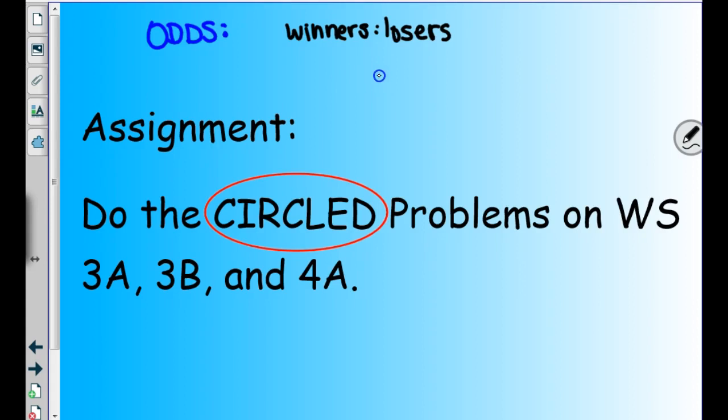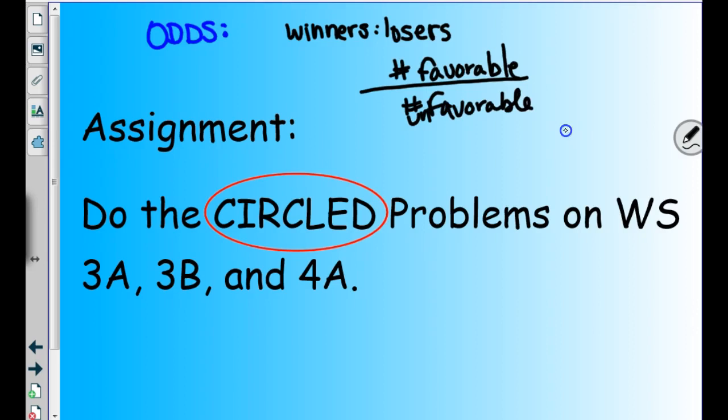Its actual definition is number of favorable to number of unfavorable. Just give up, Hofbauer. I always write them with a colon because my brain needs to be thinking differently between odds and probability. So it just helps me if I write fractions for probability and odds with a colon.